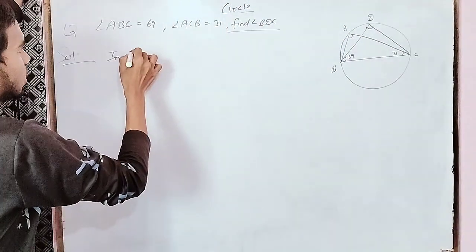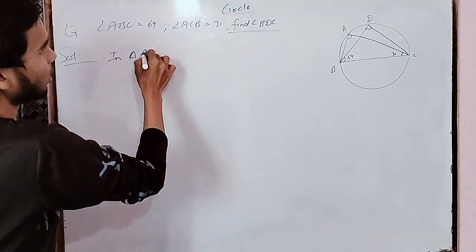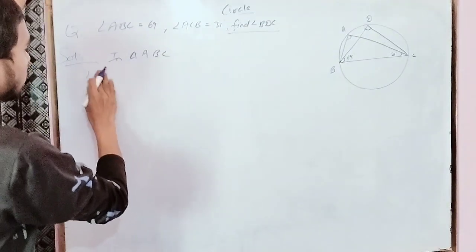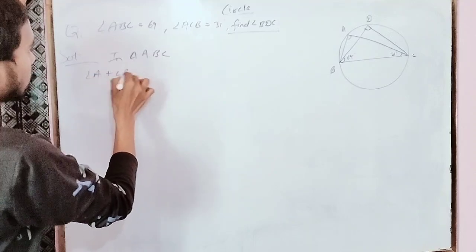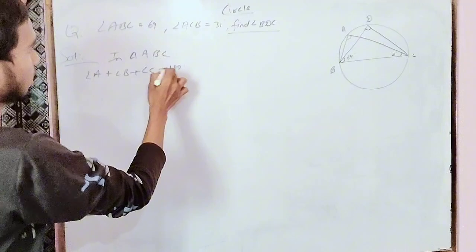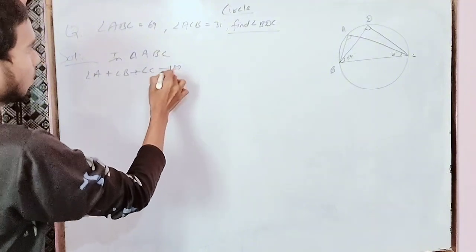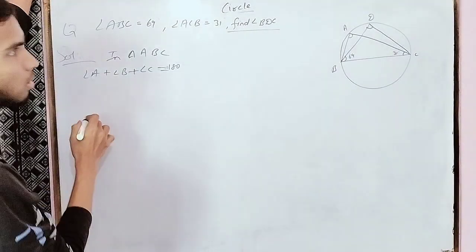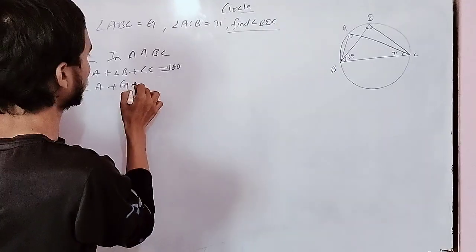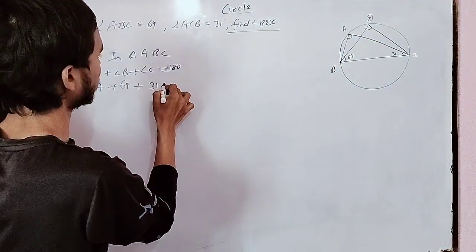So let's find this angle. In triangle ABC, angle A plus angle B plus angle C will be equal to 180 degrees. Angle A we don't know. Angle B is 69 and angle C is 31.